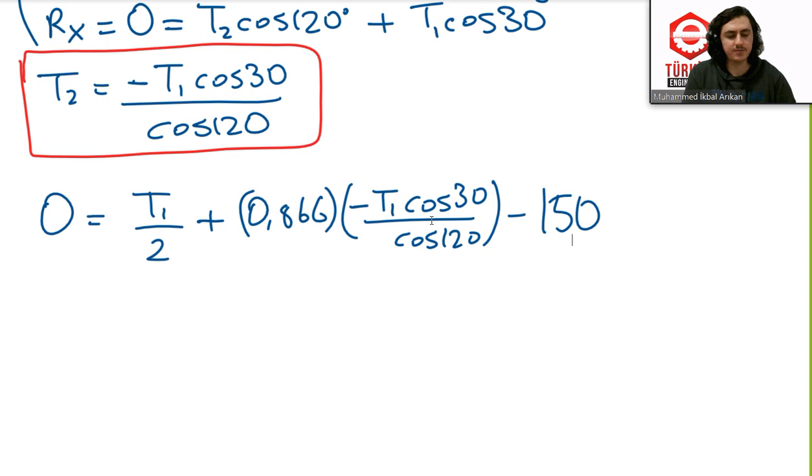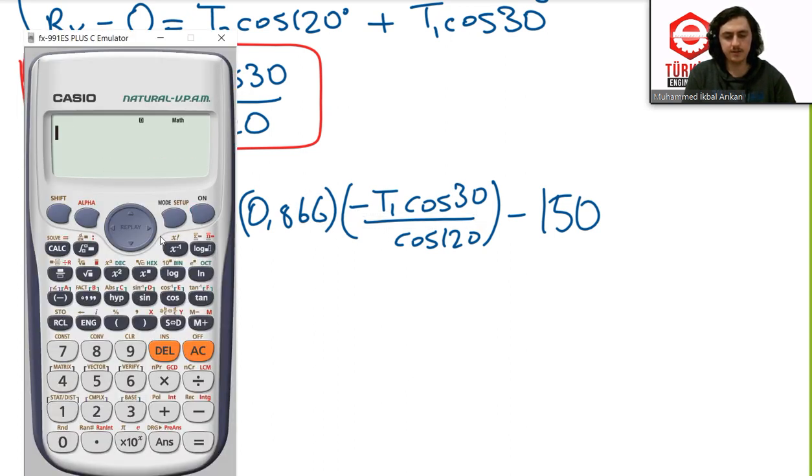To simplify this one, I will use my calculator. Cosine of this one will be equal to minus 0.5. Actually, I will take 0.866 multiplied by cosine 30 divided by cosine 120. And actually, I have minus up, so I will put minus. As you see, 1.5.